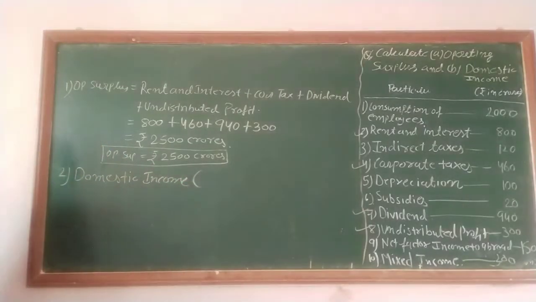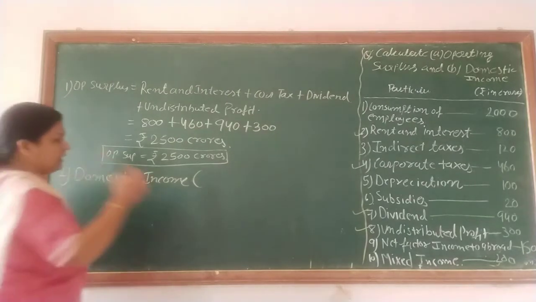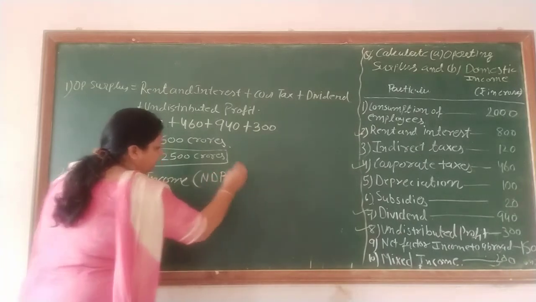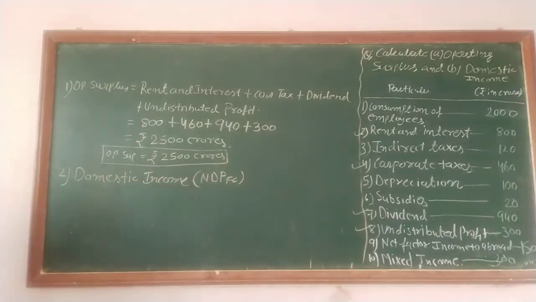What do you mean by the domestic income? NNPFC, GDPMP, what? So domestic income is the NDPFC. Clear? Now what about the domestic income here? We can use the entire income method formula. That is equal to compensation of employees, which is given to you.